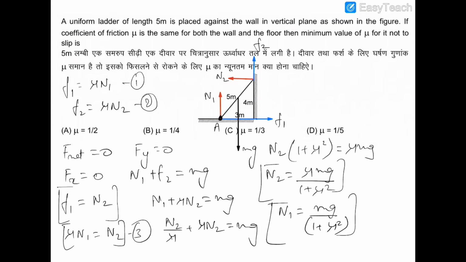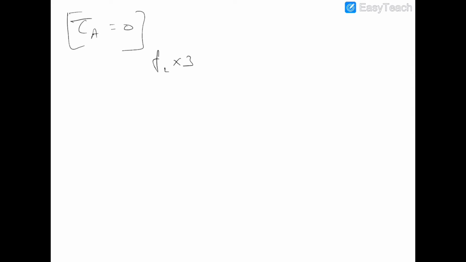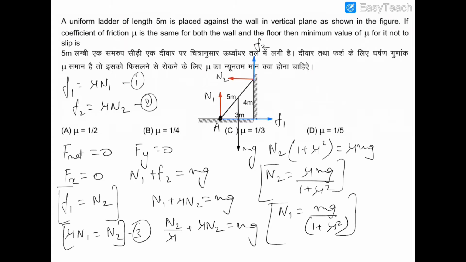You can also see that F2 would rotate this rod about point A in anti-clockwise sense. Okay, and again the torque of N2 would be N2 into this distance. Now this distance is 4 meter, so the torque of N2 would be N2 into 4, and a positive sign is appearing with N2 because the sense of rotation of N2 is also in anti-clockwise sense.